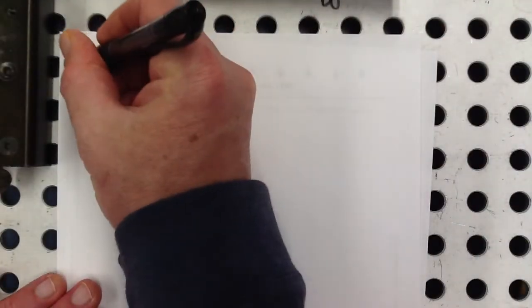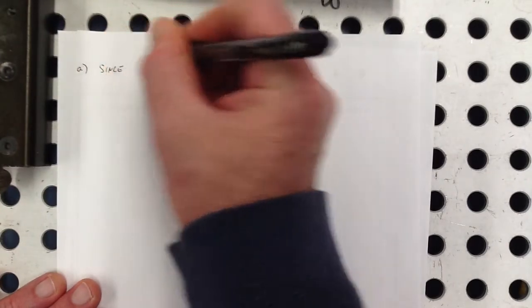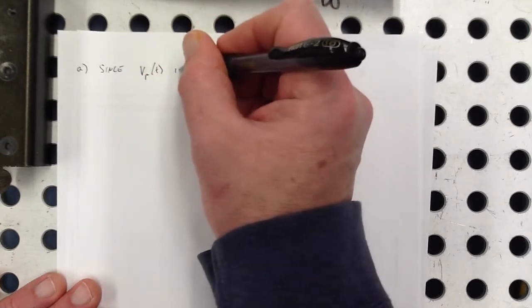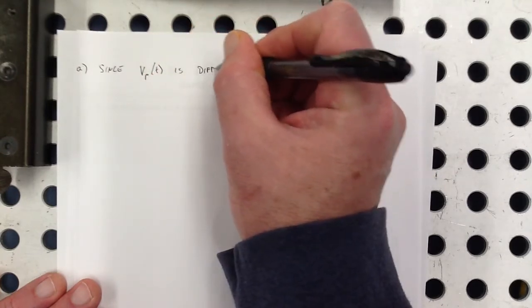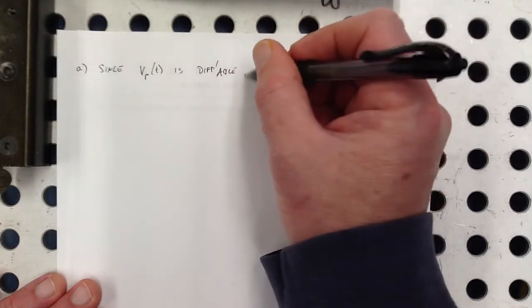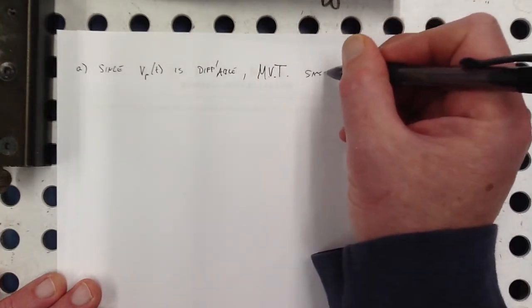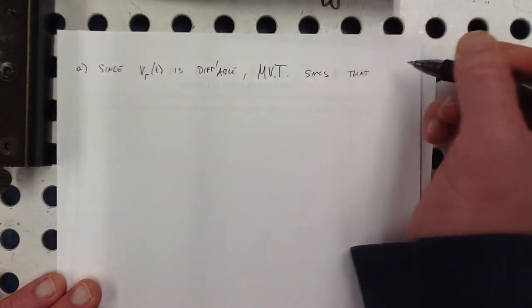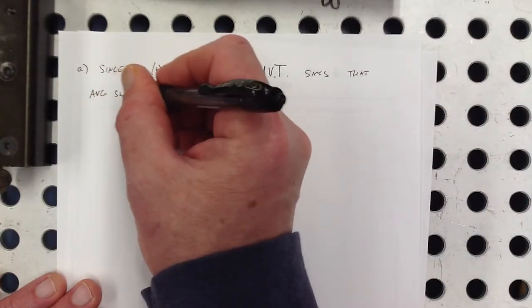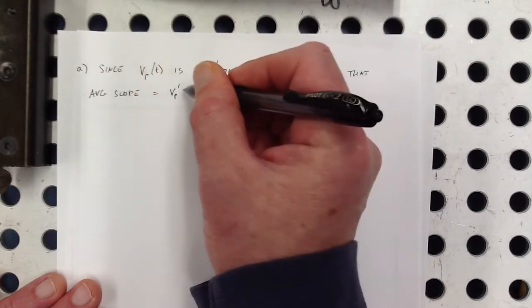So since v of t is differentiable, the mean value theorem says that the average slope must equal the actual slope.